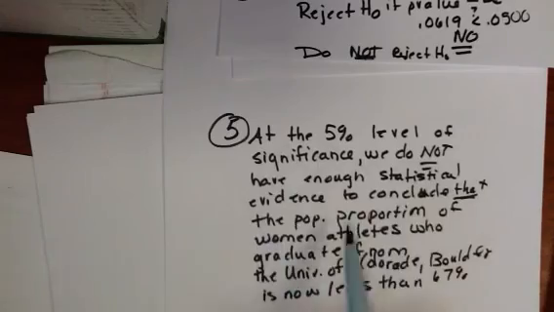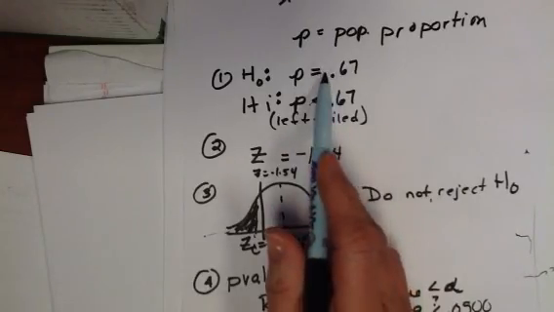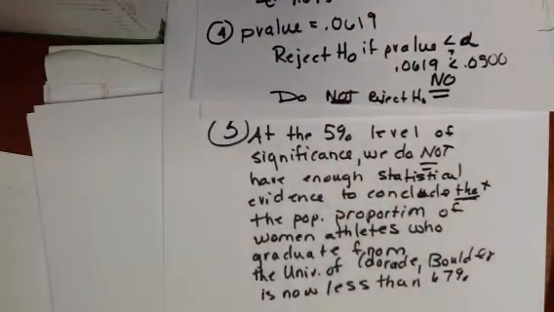What we're saying here basically is we do not have enough evidence to prove this alternative. So we assume this to be true. We didn't prove the null, we just don't have enough evidence to say it's different.